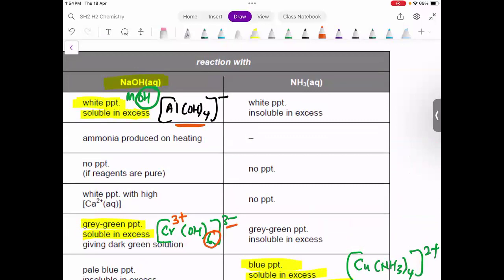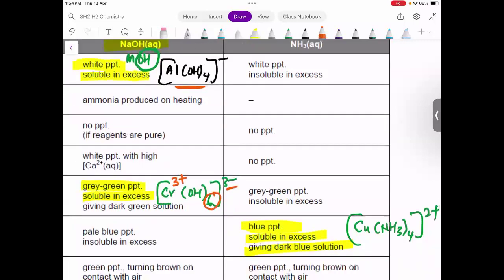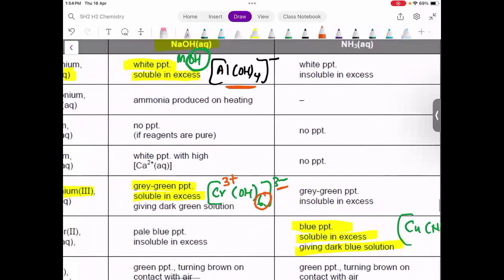There's no need for you to memorize what can form complex and what cannot. You can refer to this table and infer from there. But you must recognize the complex formed is different when it's excess sodium hydroxide versus excess ammonia. So take note of the difference.